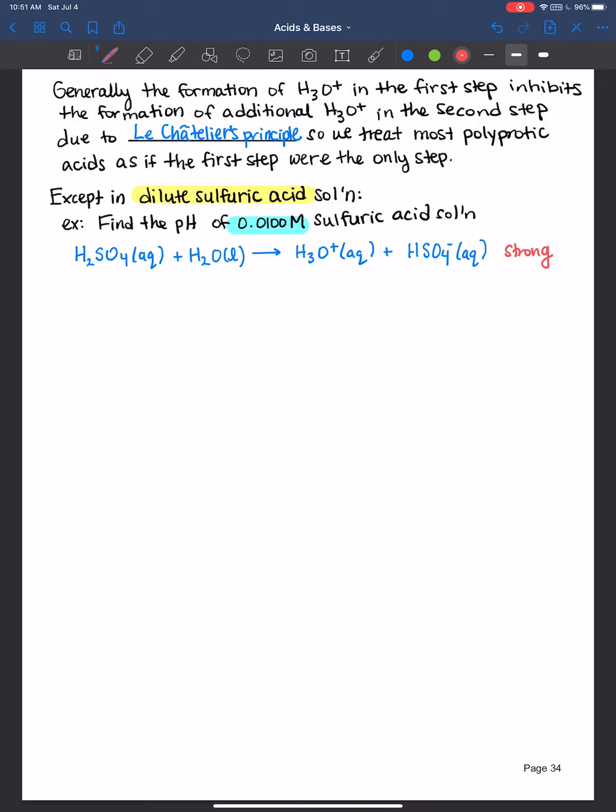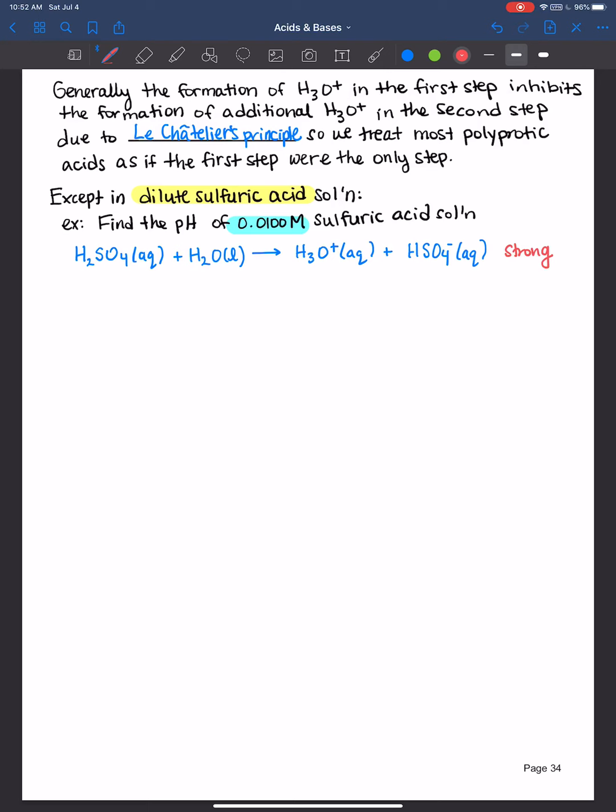So just a tip is that if you're doing an assessment and you're working with an acid, and let's say I don't provide the Ka value, and you're sitting there like, how am I supposed to do the RICE table if there's no Ka value provided? Backtrack yourself and say, wait a second, is this a strong acid? If it is, then maybe I'm overthinking this a little bit. So just little words of wisdom, if you have a strong acid, there's no need for a Ka value, there's no need for a RICE table, right?